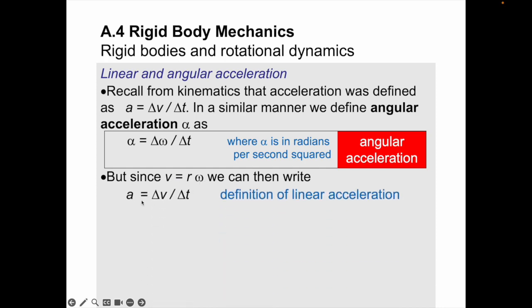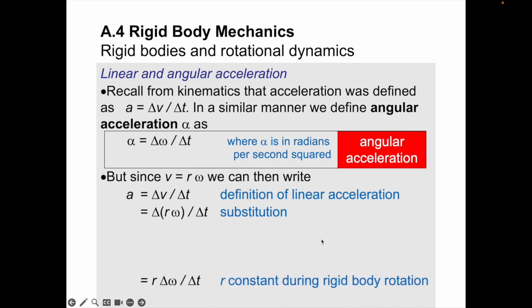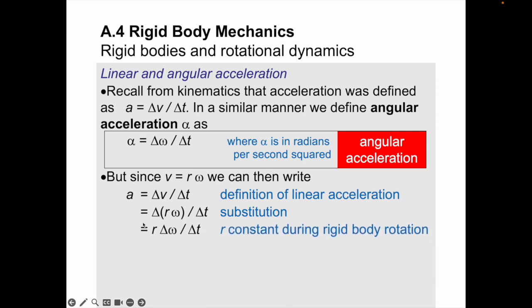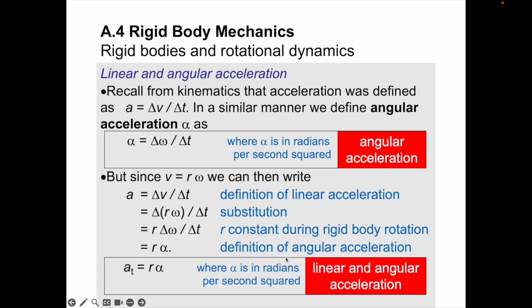So we can substitute into our definition of linear acceleration the relationship of the radius times angular velocity. Take our r out because the r is always going to be constant. Then this is going to be equal to r times alpha. This is our definition of angular acceleration, so we can use this as a conversion as well.